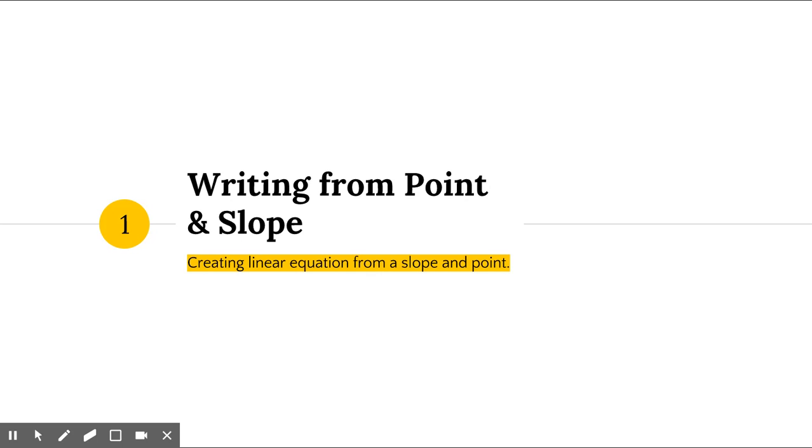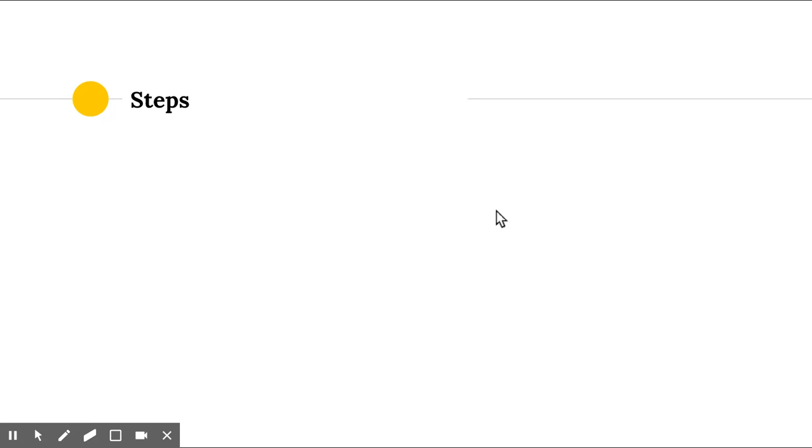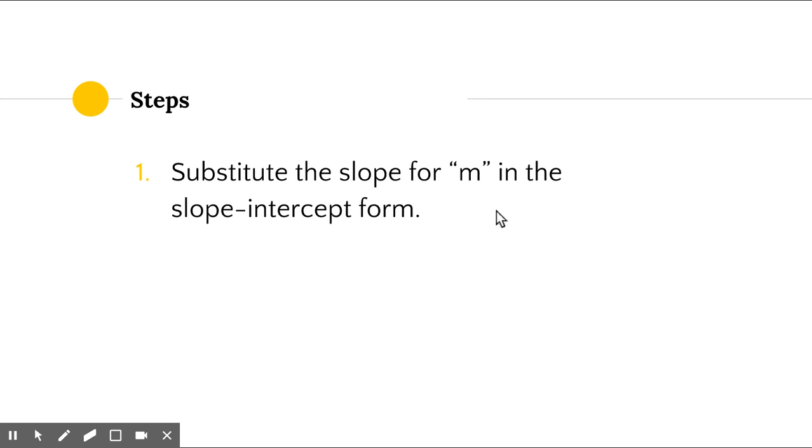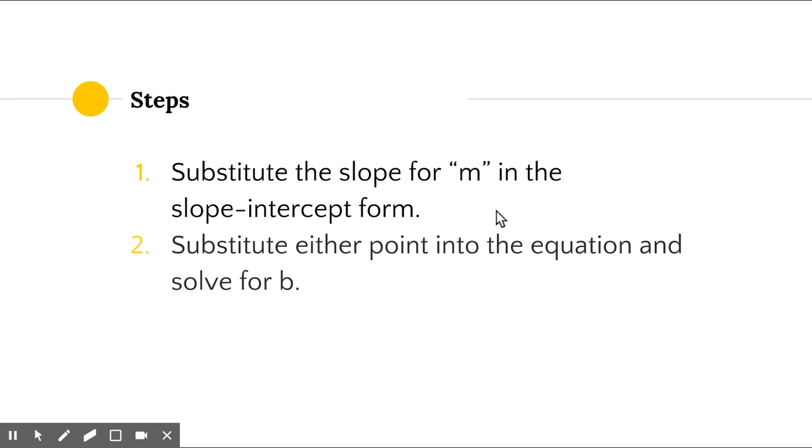Alright, so first we're going to talk about writing from a point and slope. I'm going to go over several steps, and I suggest that you write them down, because once we start going through the problem, these steps will make more sense. Our first step is to substitute the slope for m in the slope-intercept form. You're going to be given a slope, and you put that into the form, very similar to what we did in the last lesson.